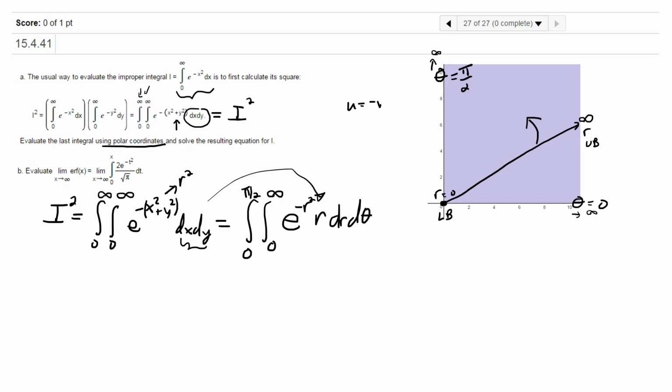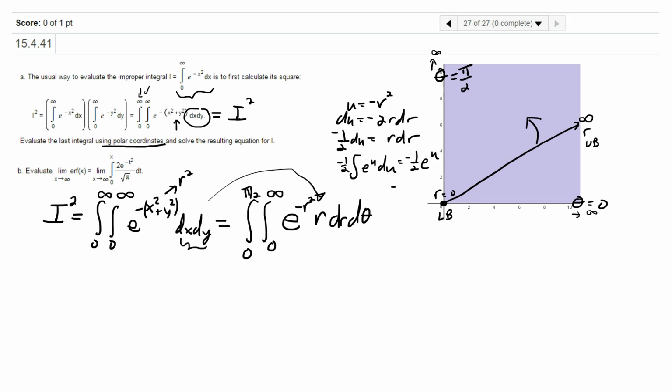Let u be equal to minus r squared. Du should be minus 2r dr. Minus a half of du will take the place of r dr, and you'll be integrating minus a half e to the u du to get minus 1/2 e to the u.